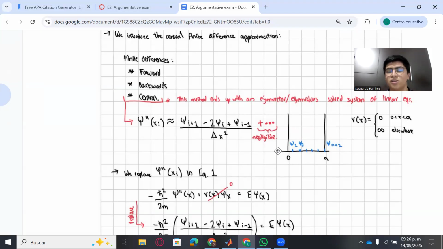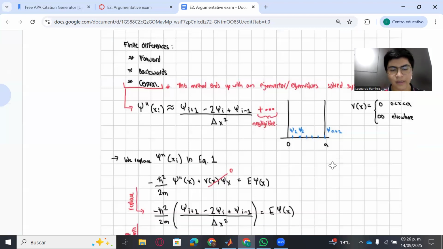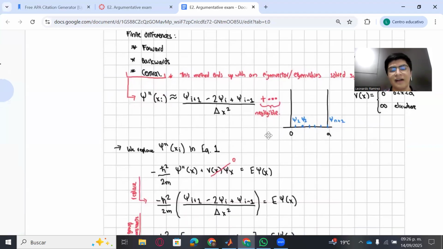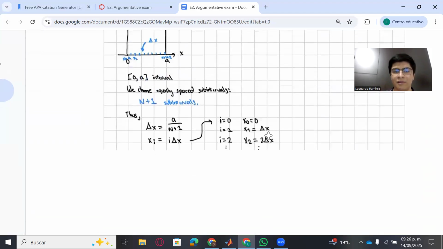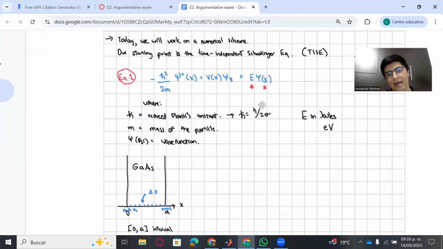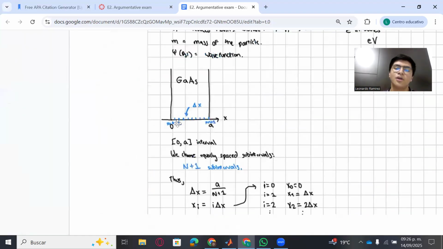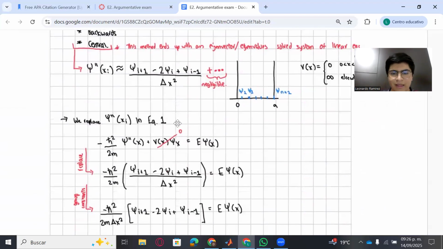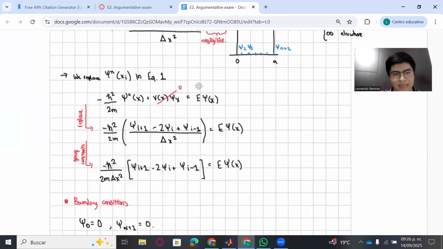That makes this easier, because if we take all of those values into account, it would be much more difficult. So we replace that value in our equation one, the time independent Schrödinger equation. We will end up with this, which of course tends to zero.